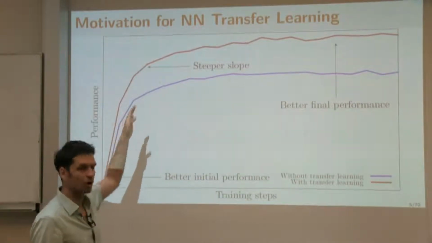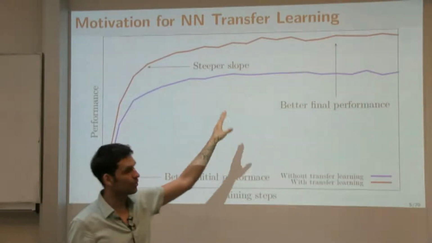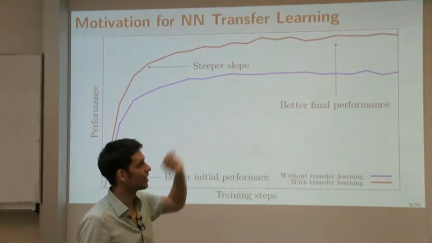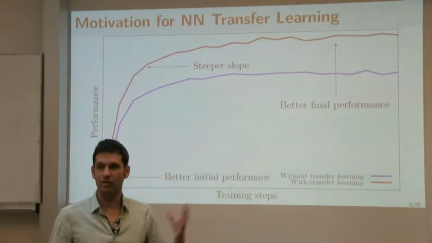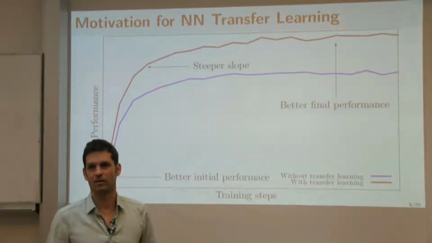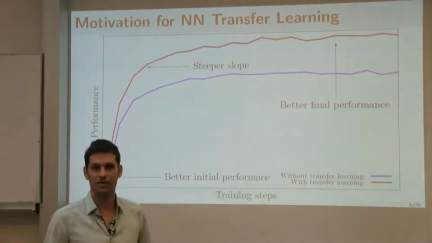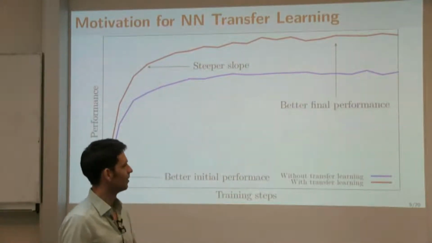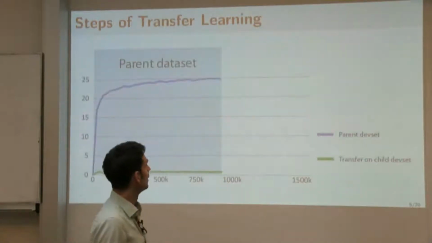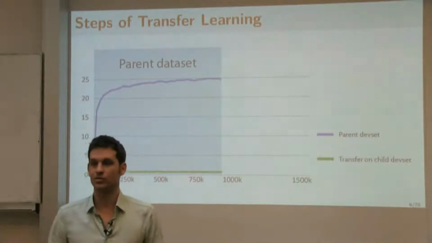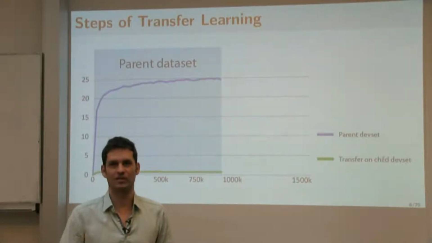It could learn faster, and also, and that's the most important part, the final performance should be better. These curves are really based on experiments with transfer of neural machine translation systems. I forgot what language pairs are behind this, but it actually helps, it works. So now how to do that? How to achieve this transfer learning?